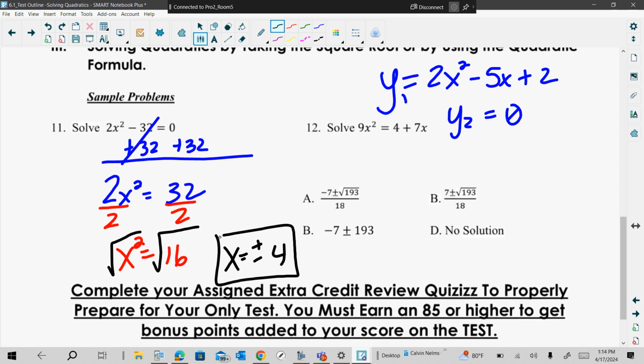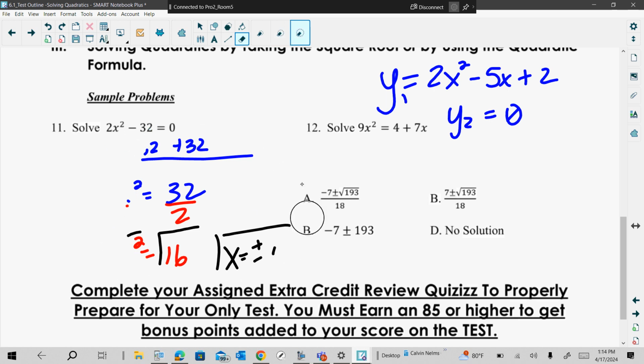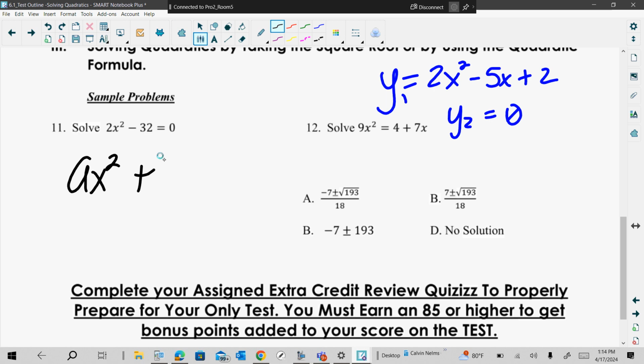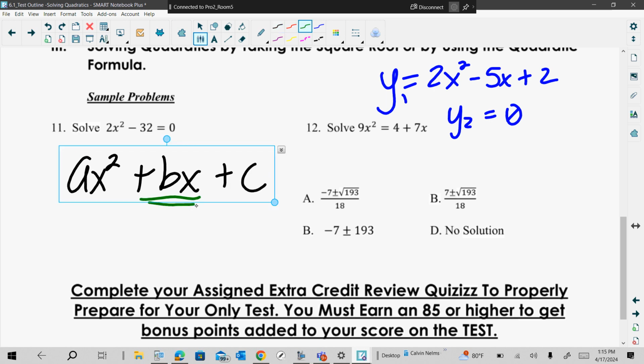Because there's no middle term here, I can solve this. Whenever there's no middle term, we can just solve for the lead term. So you have to just solve it like a regular equation. Isolate the variable.